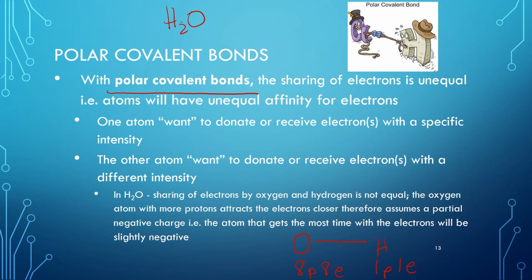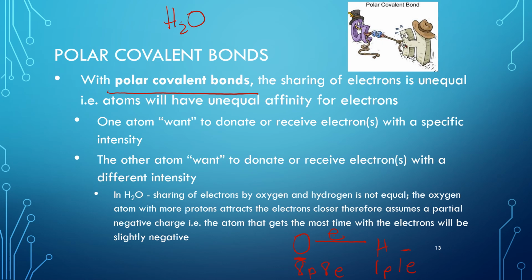And what holds an electron in to spin around the nucleus of an atom is the pull of the protons, because that's a positive charge. So we have this electron that's being shared. And there are 8 protons in oxygen pulling on the electron, only 1 proton in hydrogen pulling on the electron, which is what's depicted here. So because oxygen has 8 protons, it's able to pull the electron closer to the oxygen atom than the hydrogen is.